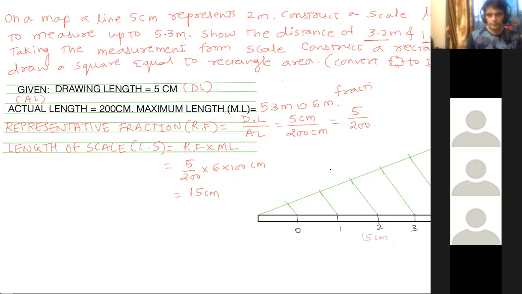And you have to write centimeter over here. Sorry, decimeter. So you write decimeter over here.